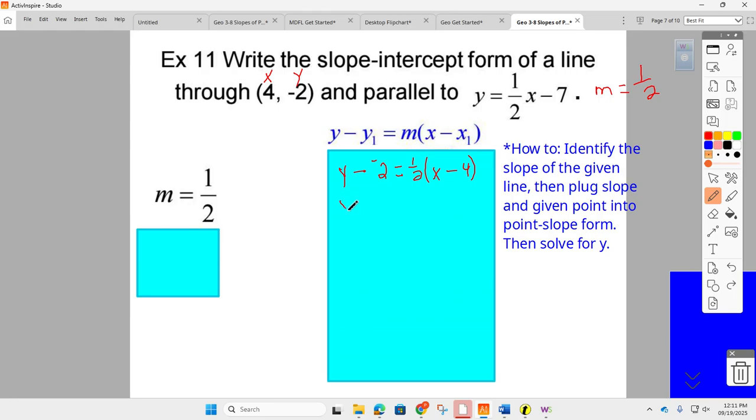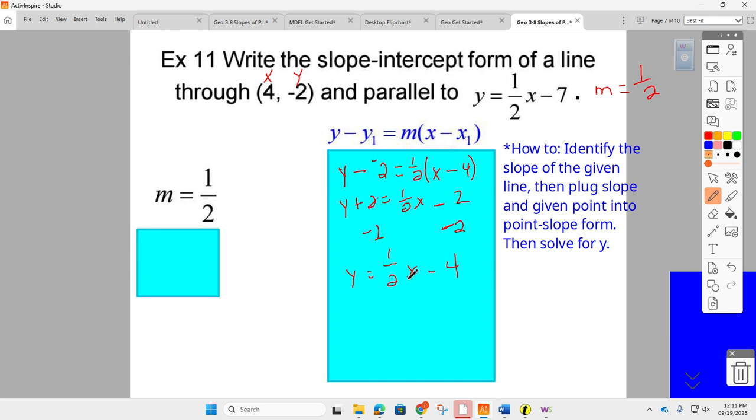We're going to distribute our 1 half times x. 1 half x minus 1 half times 4 is 2. Now all we have to do is subtract 2 from both sides. And y equals 1 half x minus 4.